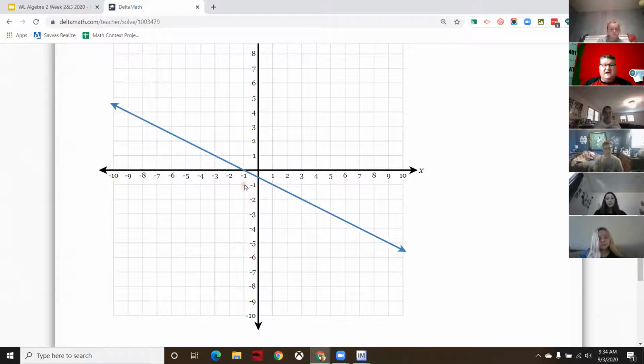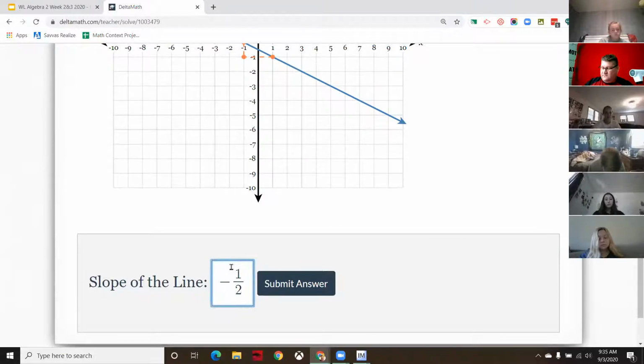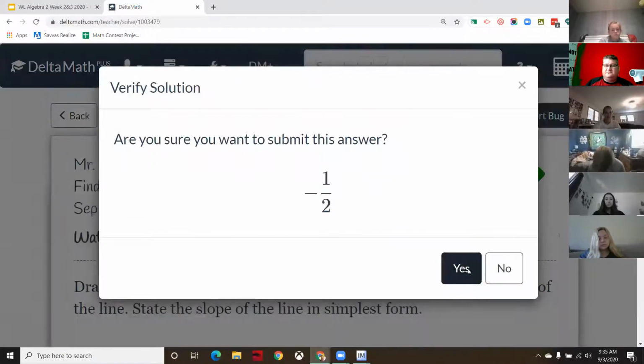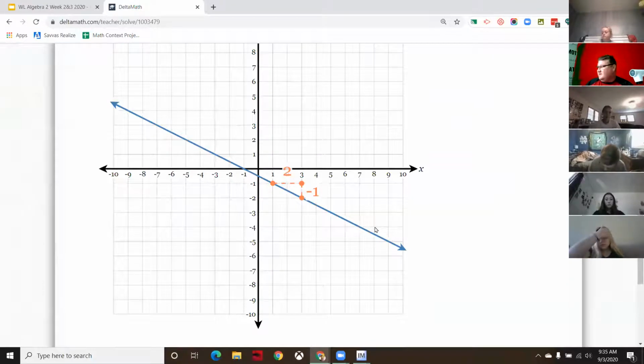So I can say down, over, and up. So there's my slope. I went down 1 over 2. Slope is down 1 over 2. Answer. There it is. And it shows exactly how to work it. So you just draw it on screen.